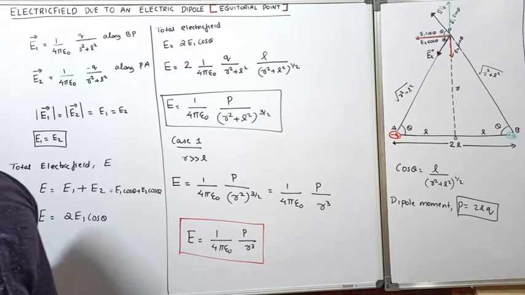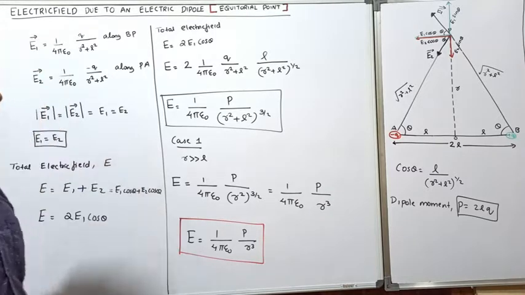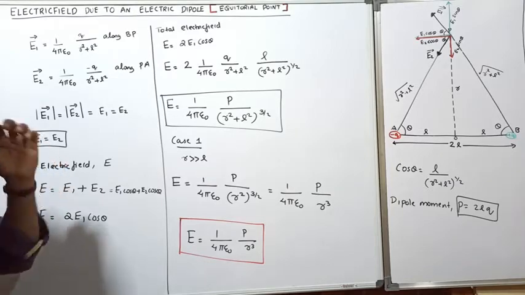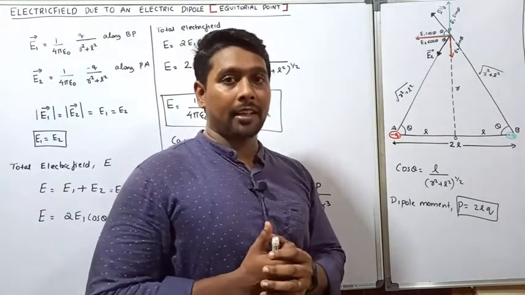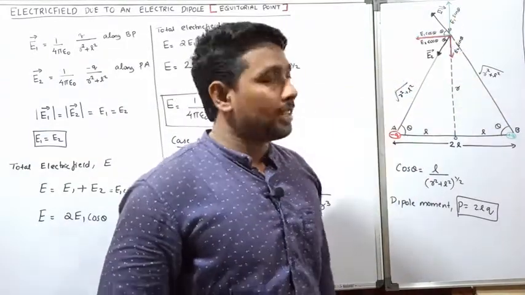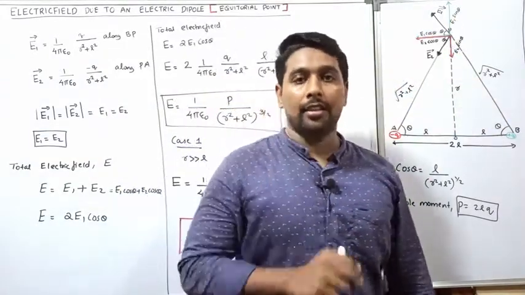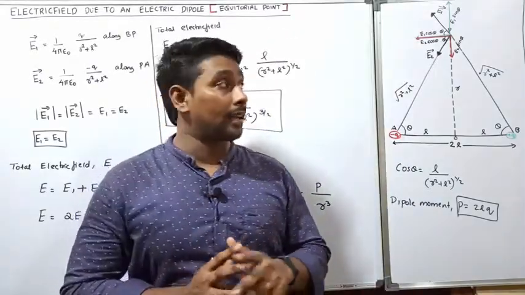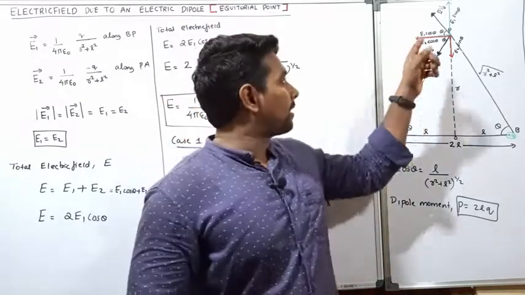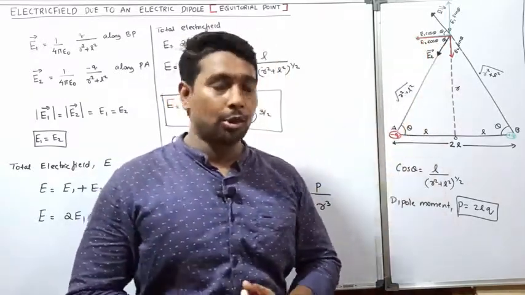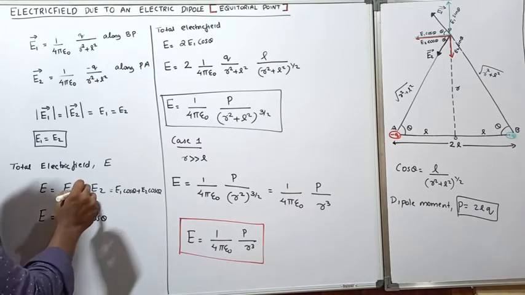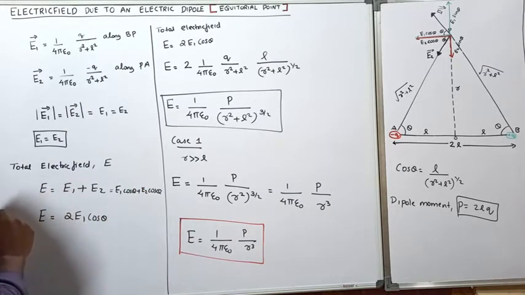We took the rectangular components of these two fields and found that E1 sin theta and E2 sin theta are in opposite directions, so they cancel each other, while the parallel components add up: E1 cos theta and E2 cos theta.